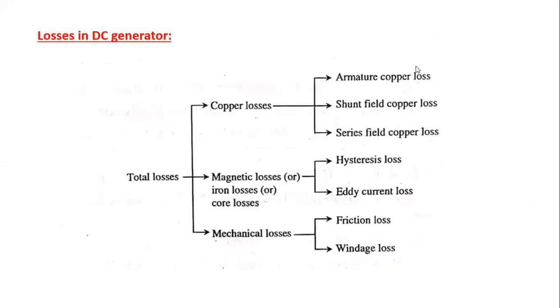Normally, copper losses are I square R losses. Armature copper losses means IA square into RA.